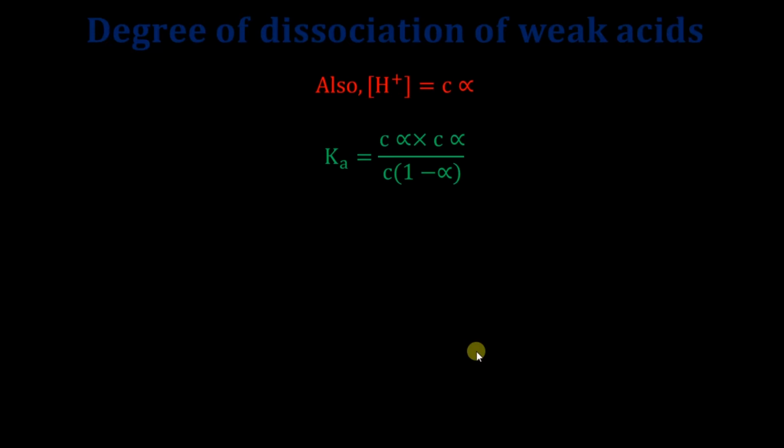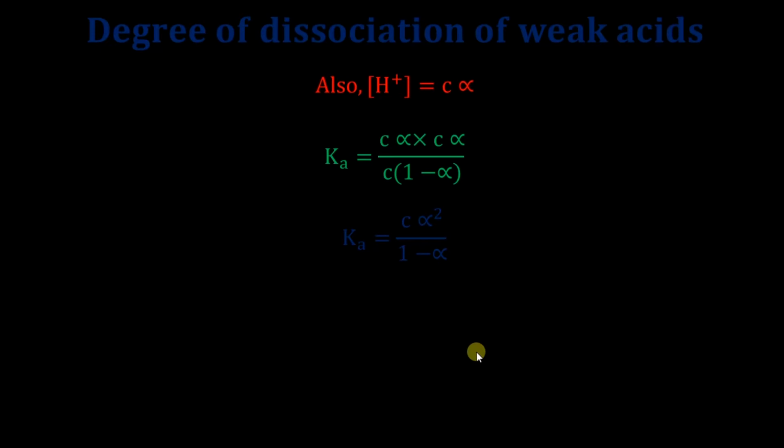We can simplify this further. The C reduces, so that we come up with C alpha squared over 1 minus alpha being equal to Ka. Since the acid is weak, alpha is far smaller than 1, so 1 minus alpha almost remains as 1.